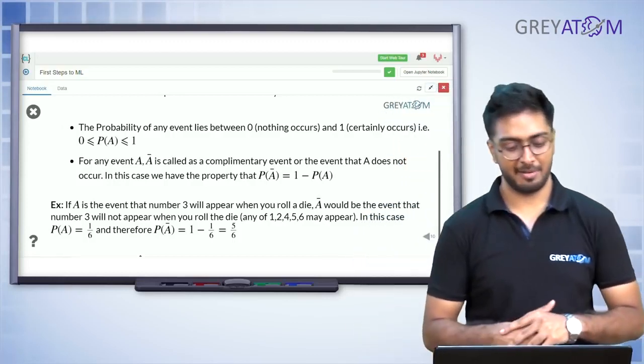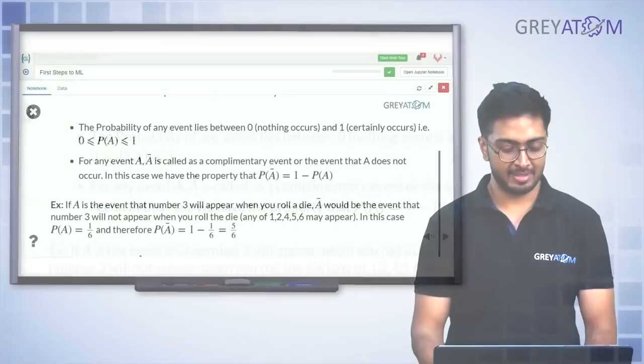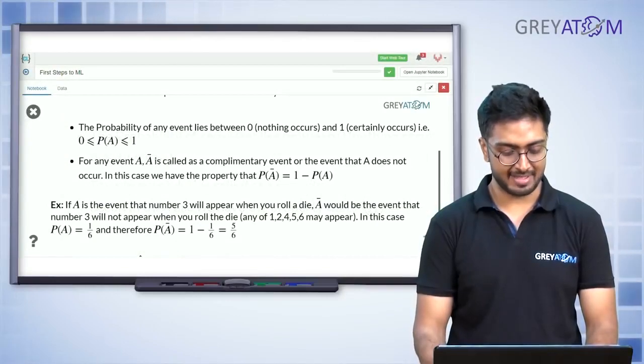So now for this example, let's say A is the event that number 3 will appear when you roll a die, right? So then A dash would be the event that 3 does not appear, right? Which basically means that it could be any of 1, 2, 4, 5 or 6, right? So in this case, the probability of A is 1 by 6. Now why is it 1 by 6?